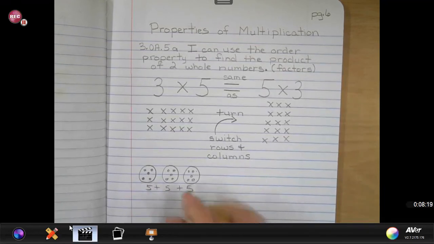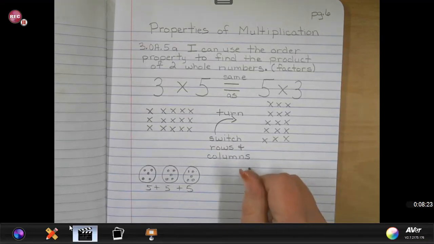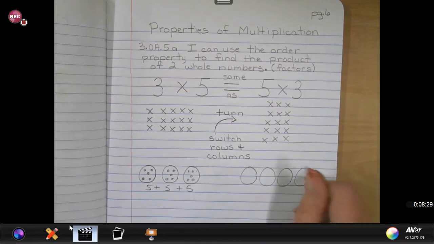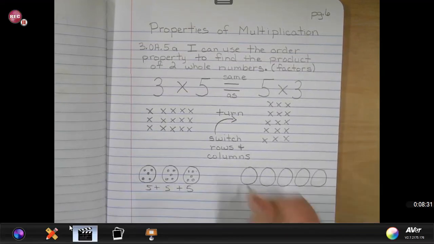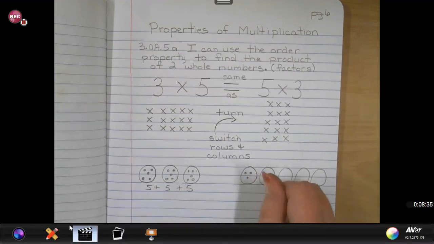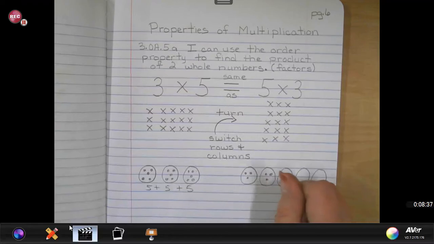This is the same as 5 groups, but now I have 3 in each group.